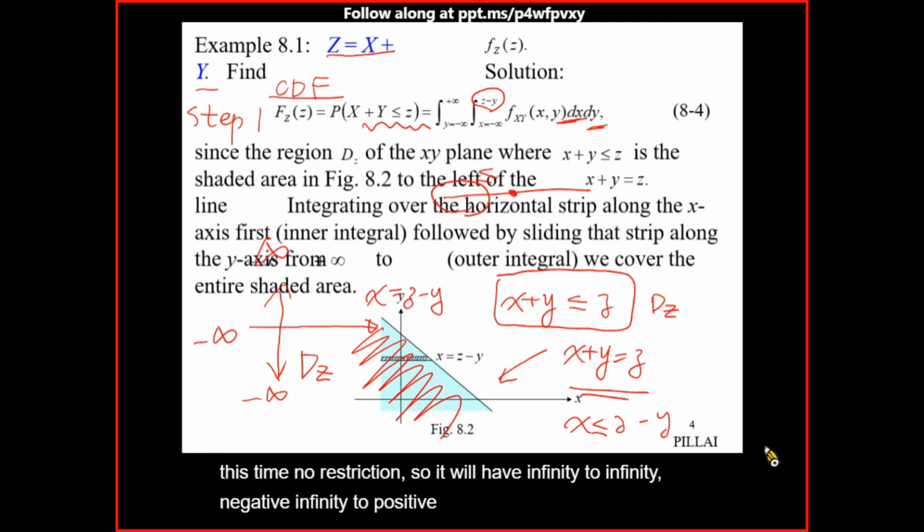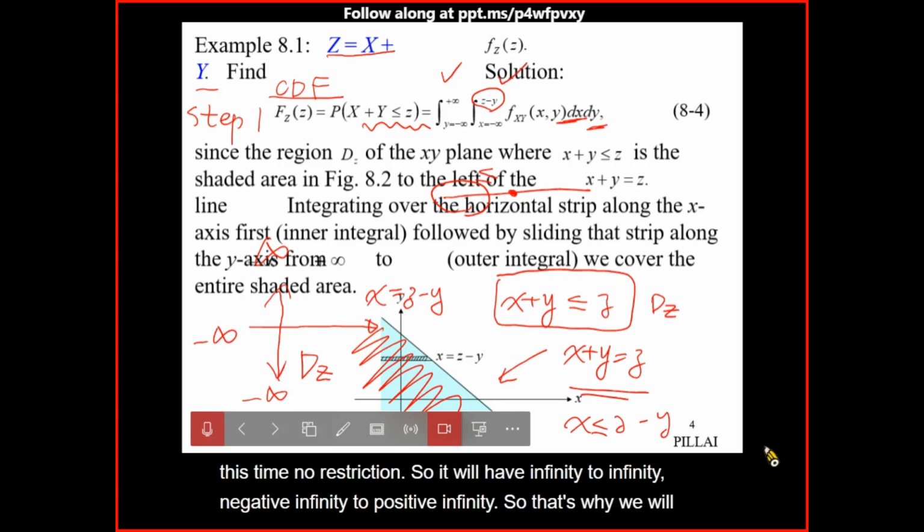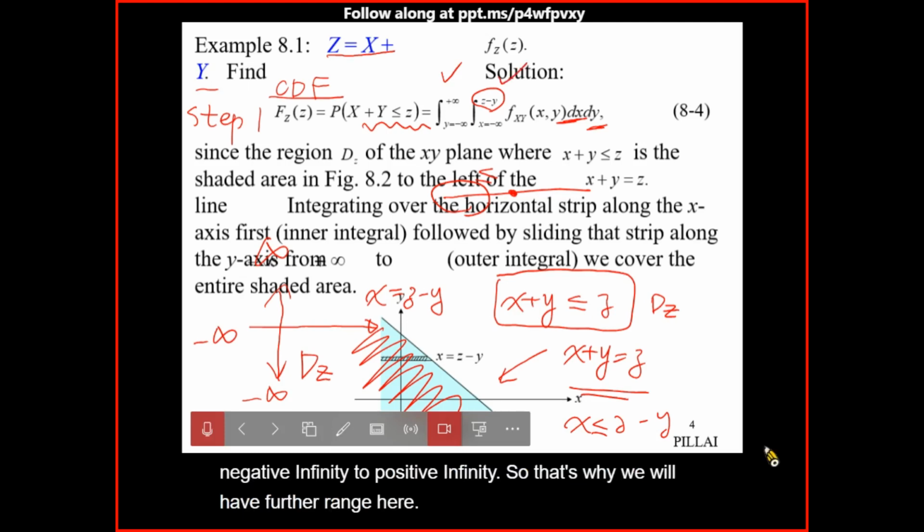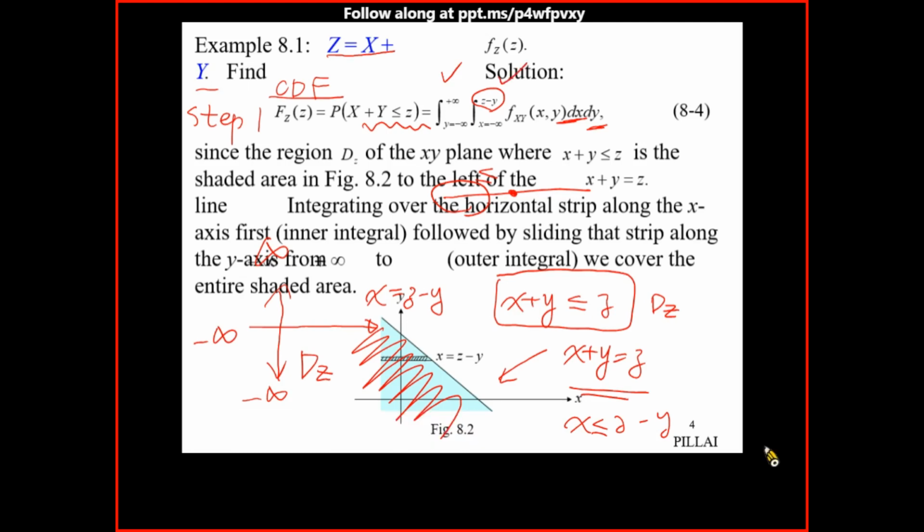So we can set the range for X and then the range for Y. About the setting, is it okay?